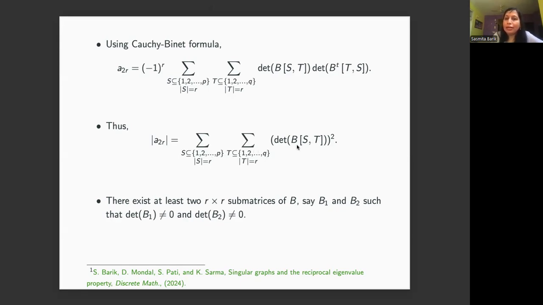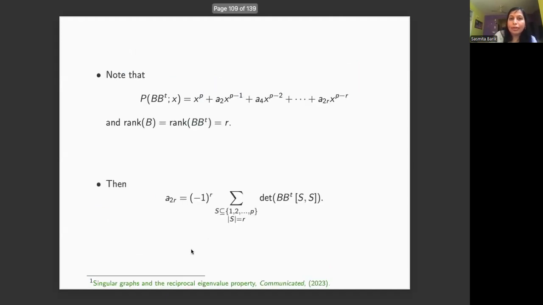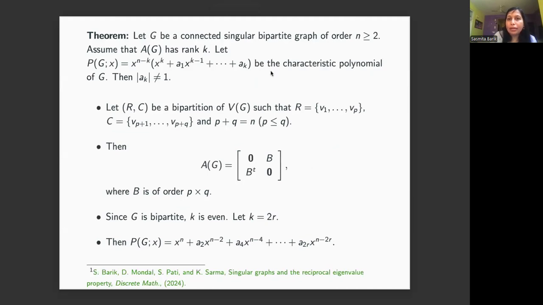So in that case, you will get that your a2r is at least 2, or minus 2. So this will come out that the modulus of a2r is greater than 1. This way we prove that if you are taking any bipartite graph where AG has rank k, then this last coefficient cannot be plus 1 or minus 1.